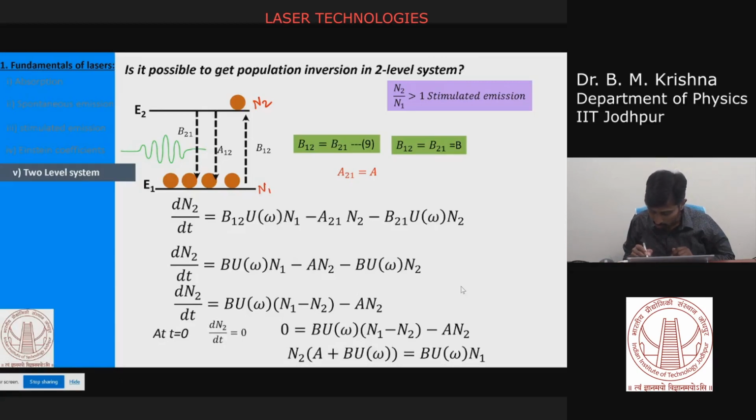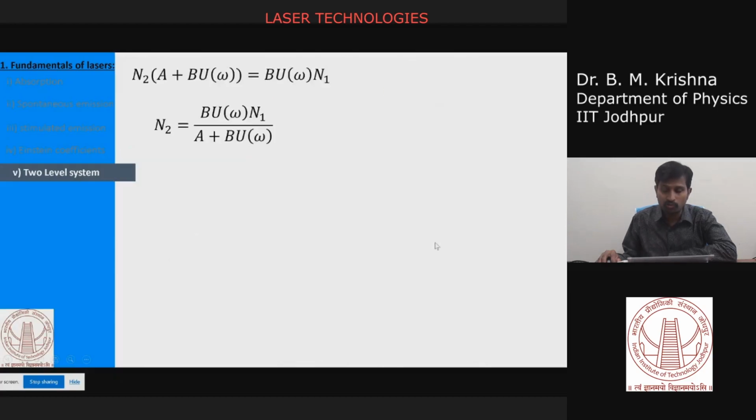So then the remaining factor will go to this side. So this is your condition: your N2 equals B u of omega N1. I am sending this factor to the denominator, that is N2 equals B u of omega N1 by (A plus B u of omega).